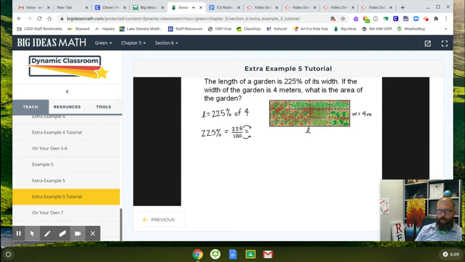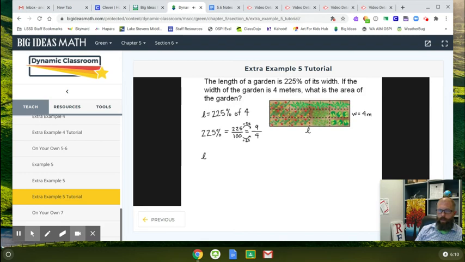This factor is 25. So 225 divided by 25 is equal to 9. 100 divided by 25 equals 4. 225% is equivalent to 9/4.